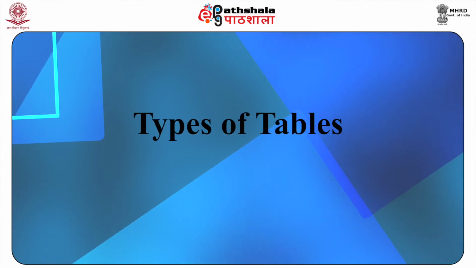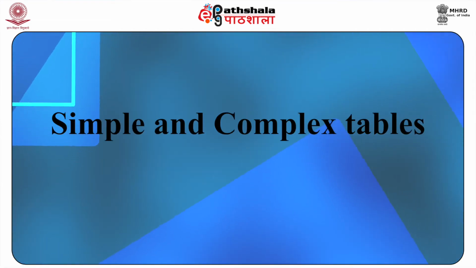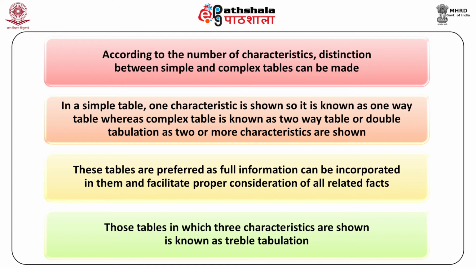Now, types of tables. Tables can be broadly classified into two categories: number 1, simple and complex tables, and number 2, general purpose and special purpose tables. Simple and complex tables: according to the number of characteristics, a distinction between simple and complex tables can be made.